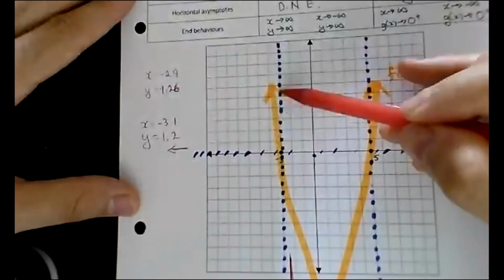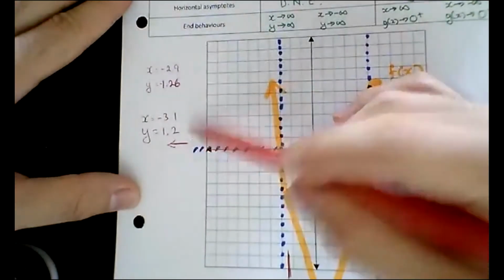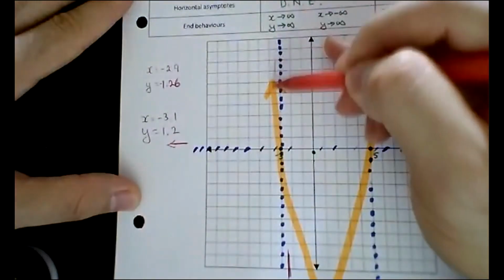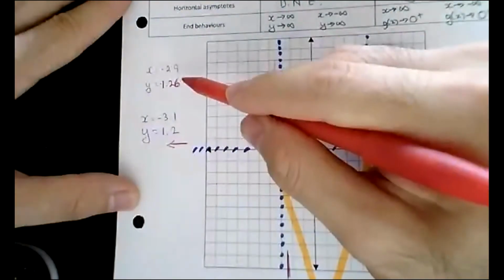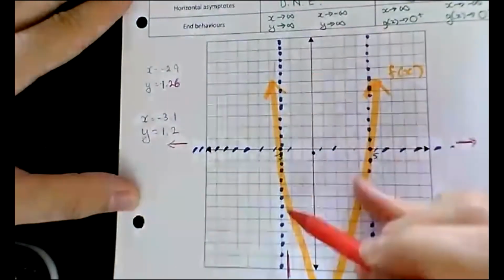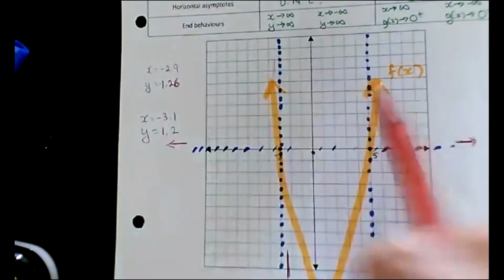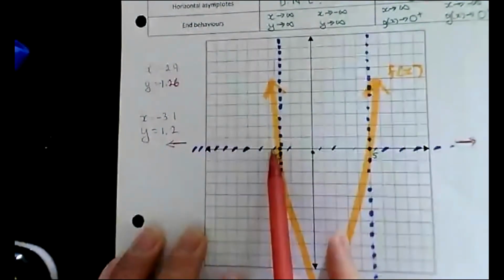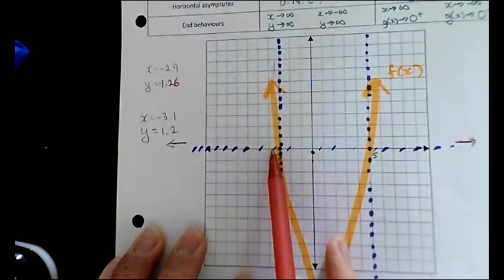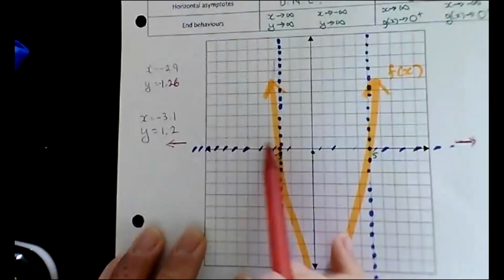So if I'm to the left of this vertical asymptote, I have a positive number somewhere here. If I am to the right of the vertical asymptote, I have a negative y value. I'll say it one more time. If I plugged in an x value of negative 3.1, I get a positive number up here.